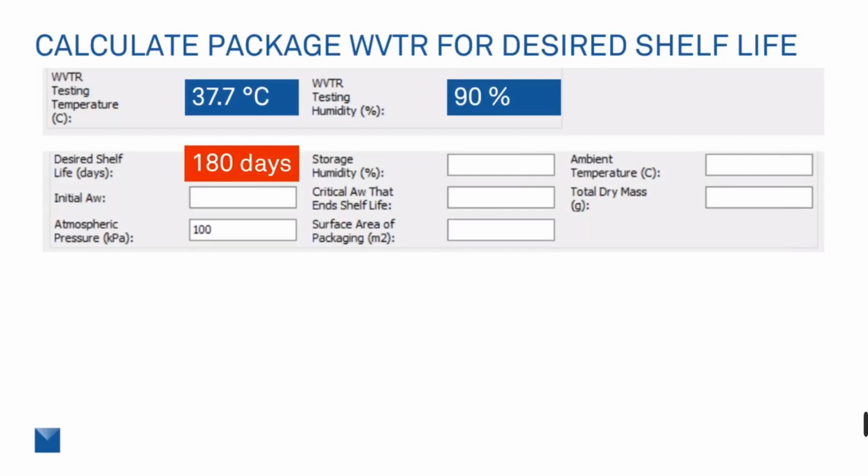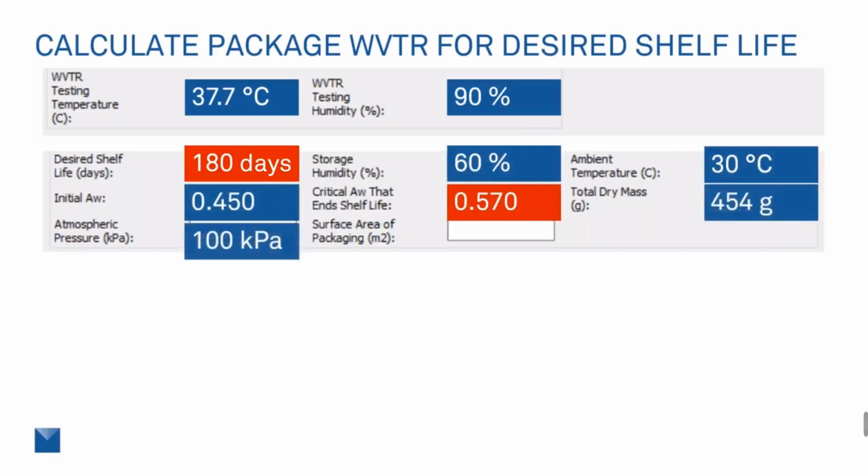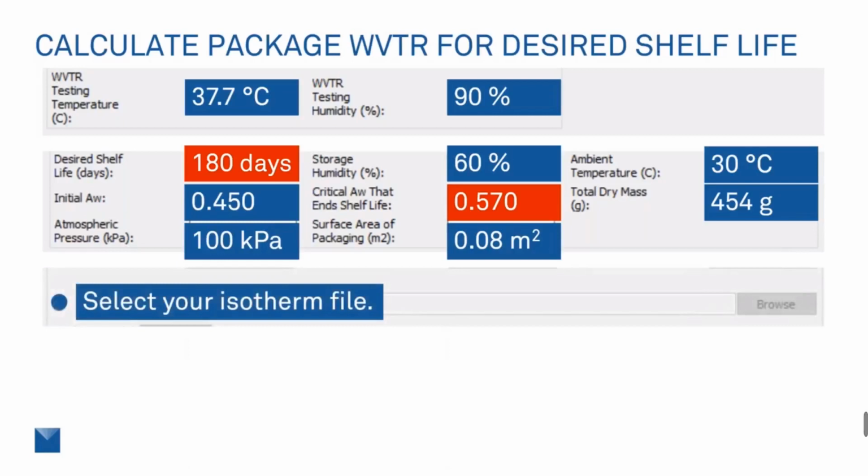And then once again, enter the same storage conditions. So same humidity and temperature, same initial water activity and critical water activity, same total dry mass, so 1 pound, same atmospheric pressure, and same surface area. So everything is the same here, just we're changing our desired shelf life.